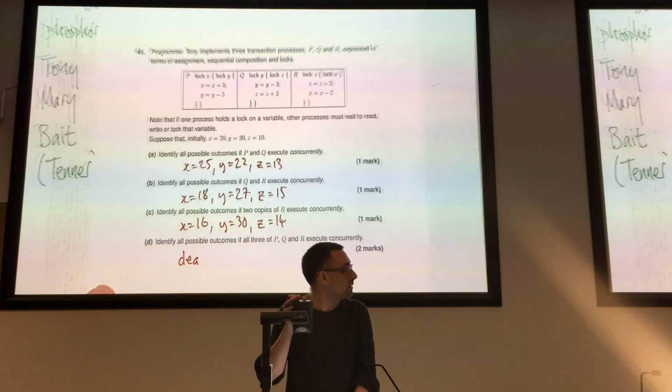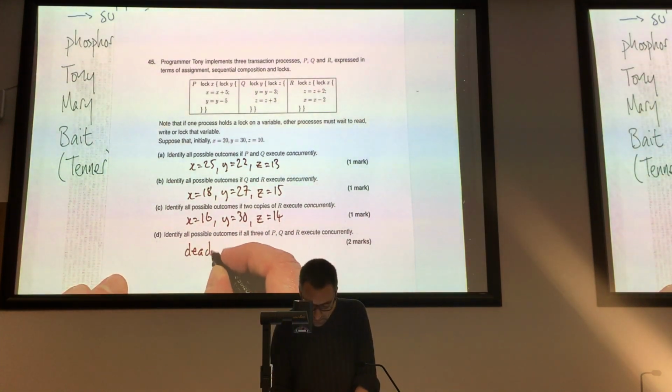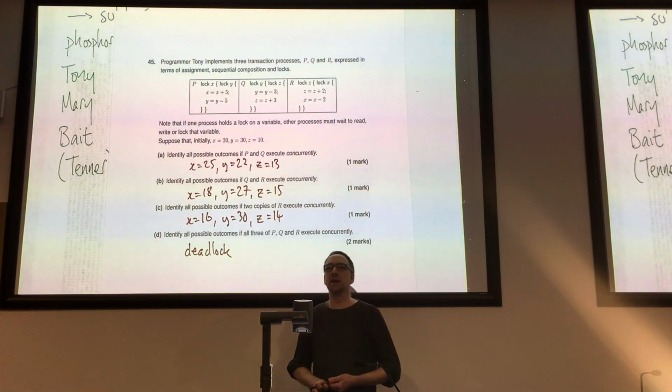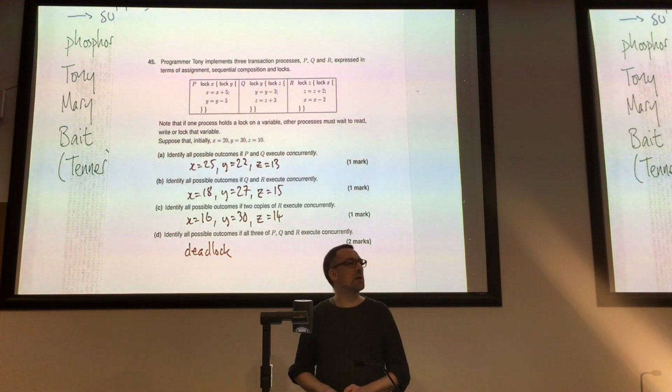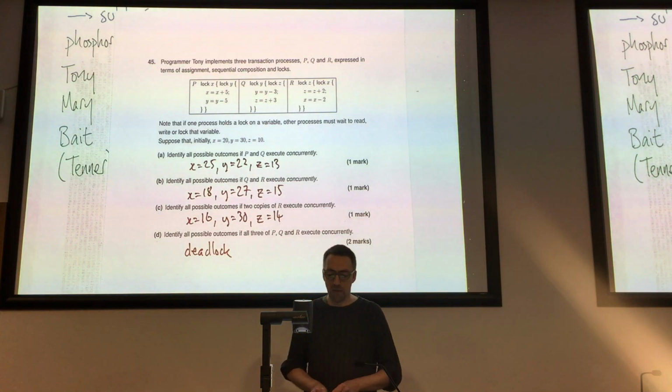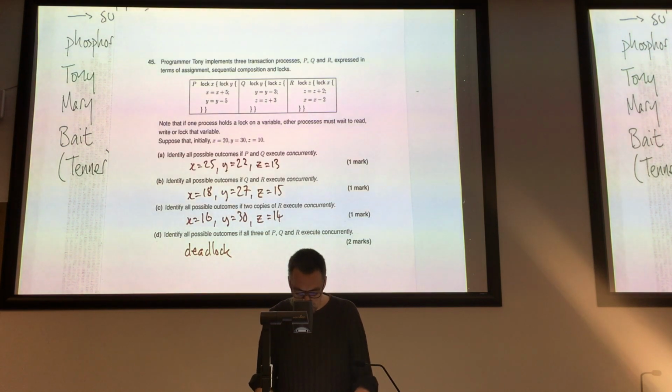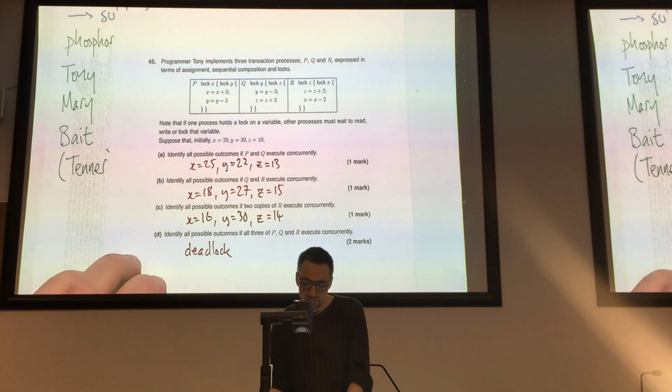Better zoom out a little. But of course, deadlock is only a possibility. It's never an inevitability. So they might all run to completion. If they do, what's going to happen? Well, X will go up 5 and down 2.